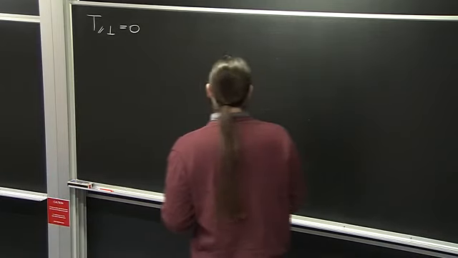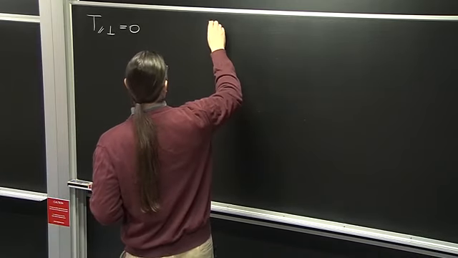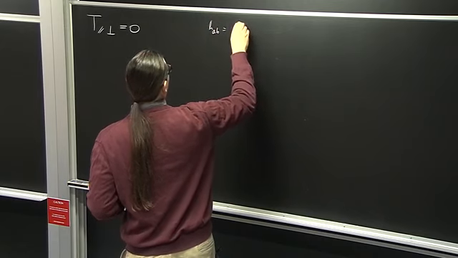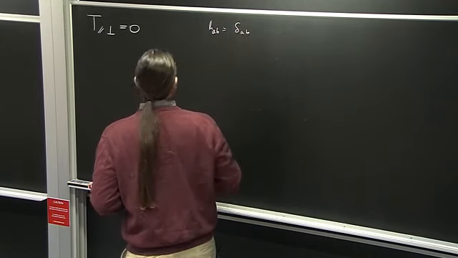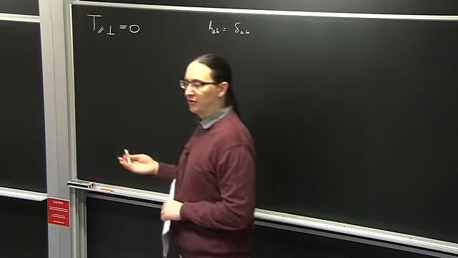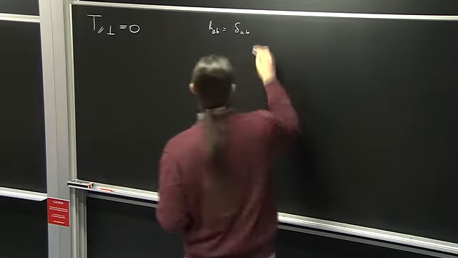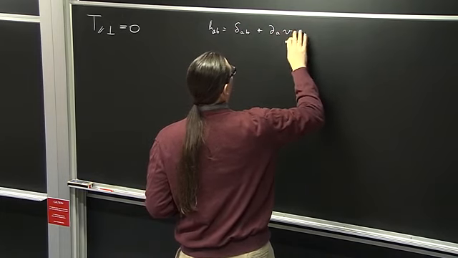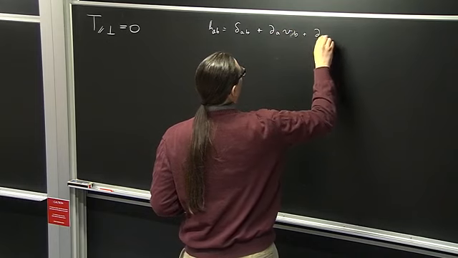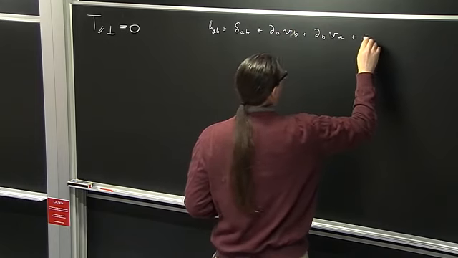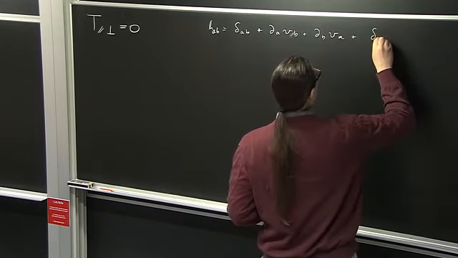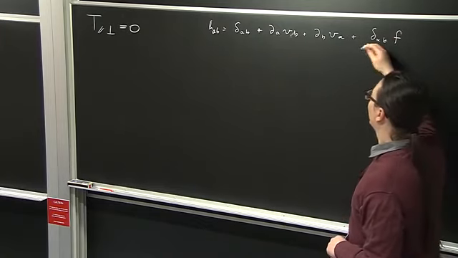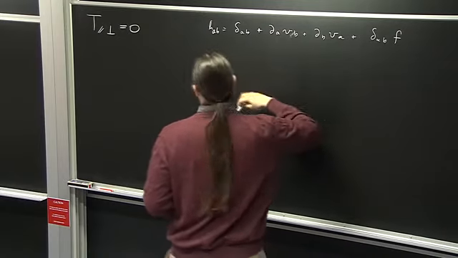So suppose I have some flat metric. And I do a combination of a diffeomorphism and a Weyl transformation. Infinitesimal ones. So the metric remains flat if this vanishes.